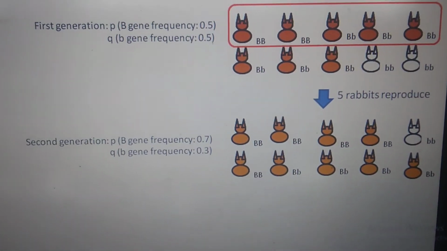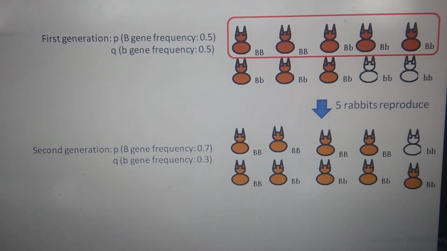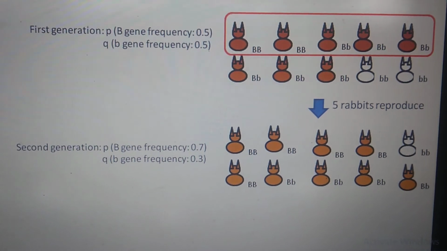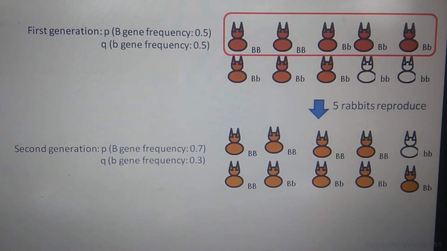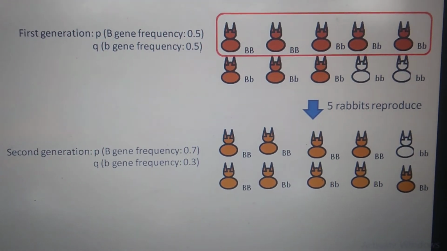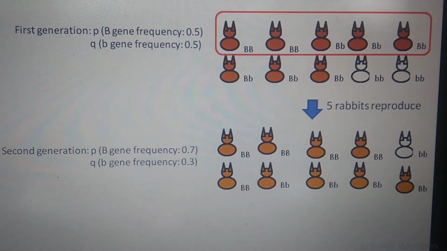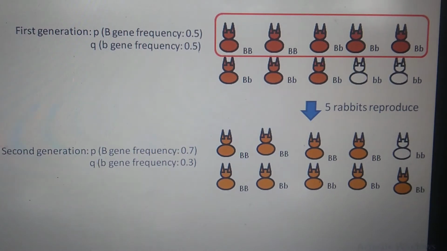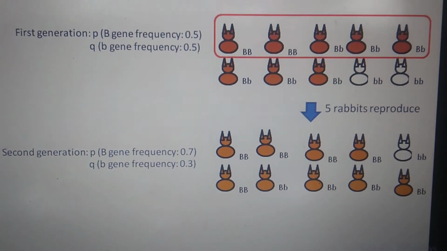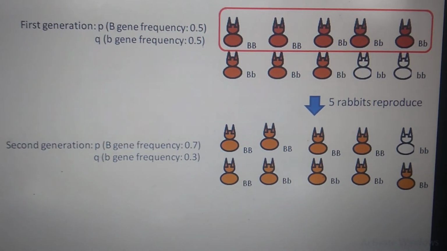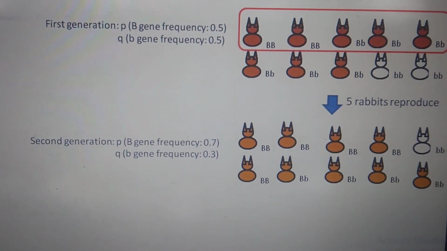Likewise, the allele frequency changes. It is evident from the picture that there is an increase in the appearance of the capital B allele. They are more in number than in the first generation of this rabbit population, and the small b decreases, appearing in lower numbers in this population.